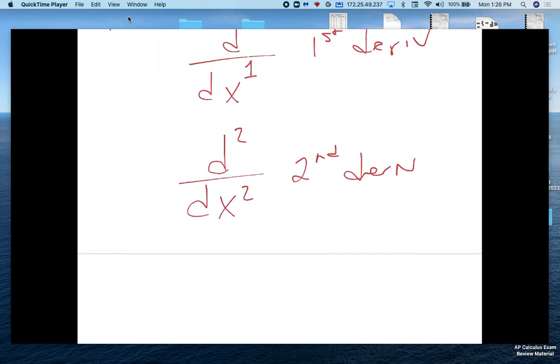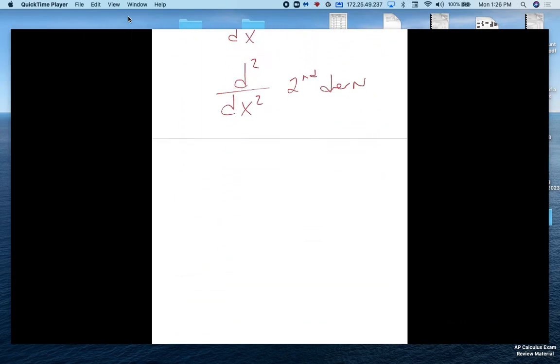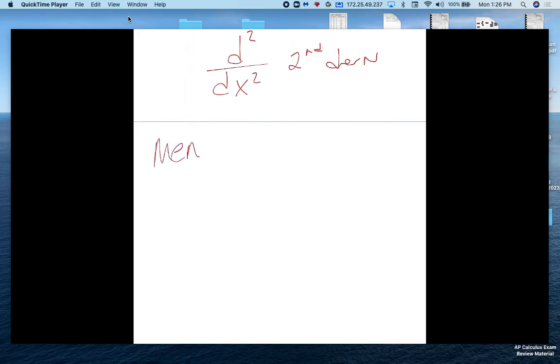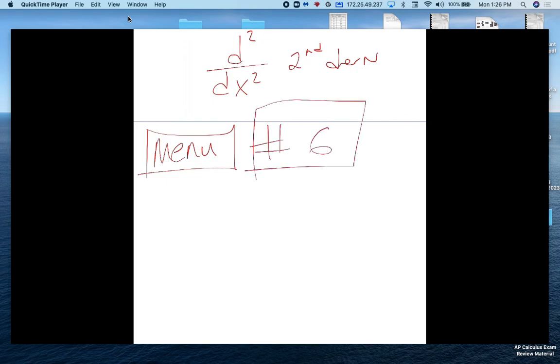The other one that I want you to make sure you noticed is if you go to menu in the graphing mode and you go to number 6, that's another key important thing, because number 6 lets you analyze the graph. If you look at that, you can do all kinds of things. You can do a zero, an intersection, a derivative at a certain x value, and an integral.